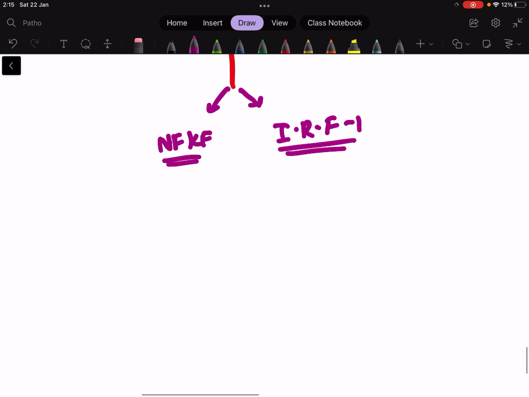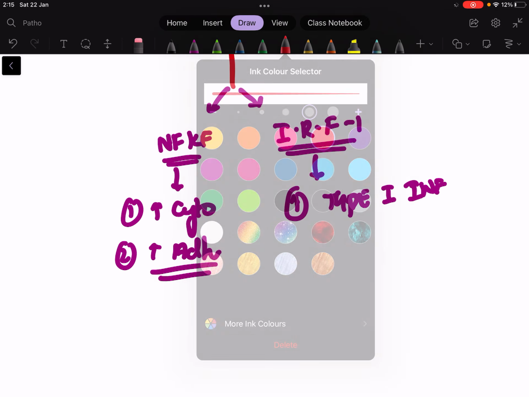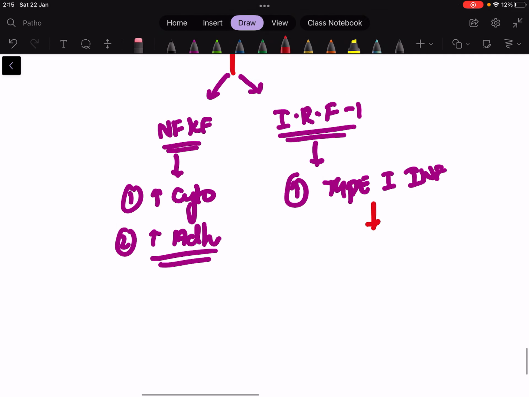When the NF-kB pathway is activated, it will increase the cytokines and the adhesion molecules. Interferon regulatory factor 1 will increase the synthesis of type 1 interferons, which are also called antiviral interferons.